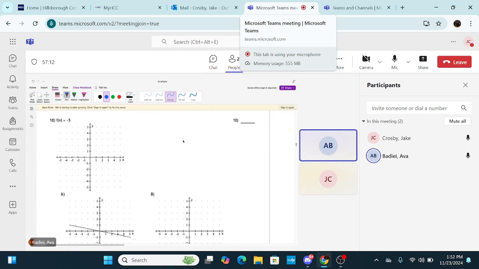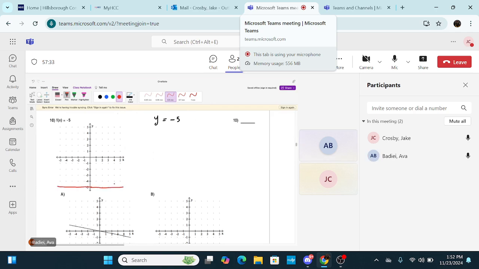So f of x equals -5. That's again what we just talked about. F of x and y, you can use them interchangeably. So you can also say this is y equals -5. This is supposed to be horizontal at -5. So it looks like this.